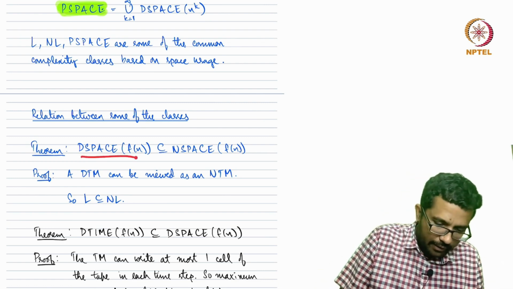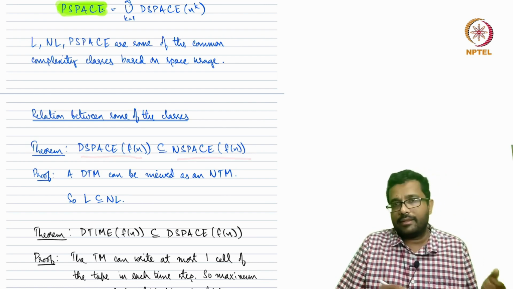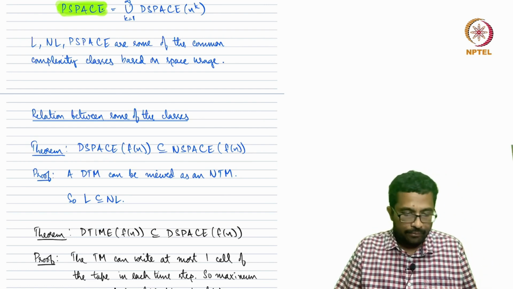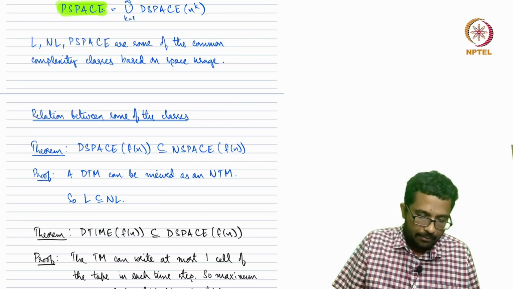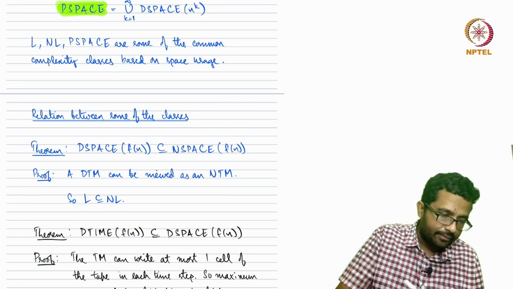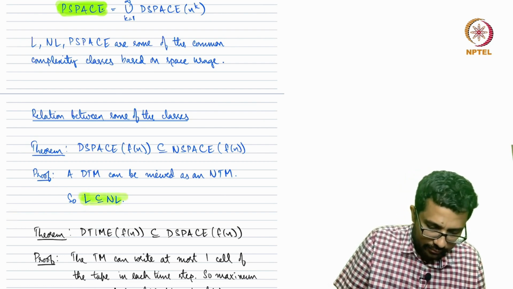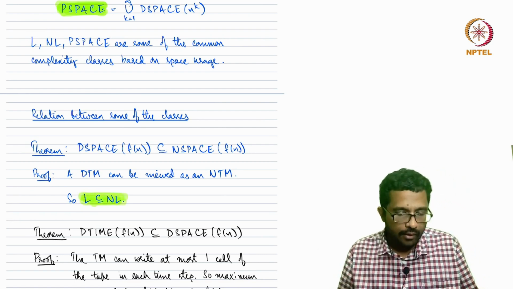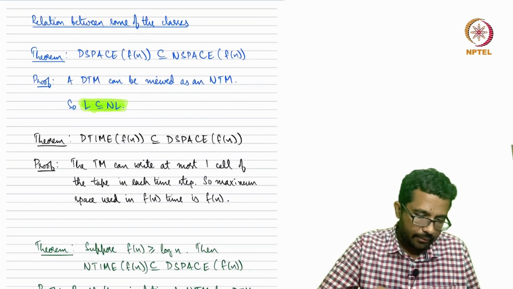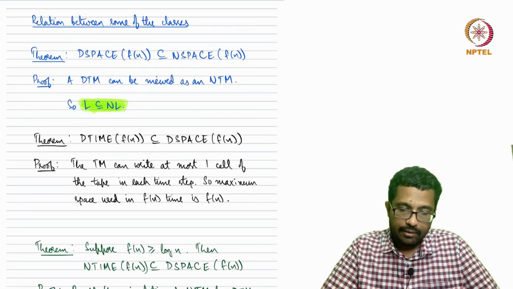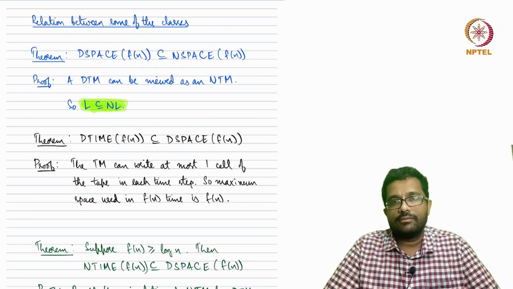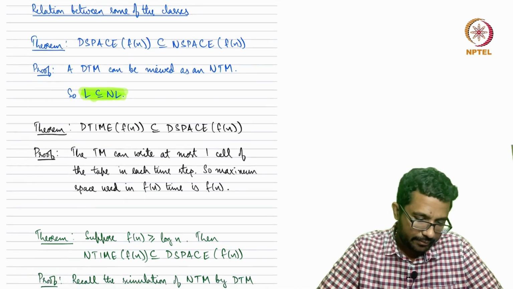So DSPACE(f(n)) is contained in NSPACE(f(n)). It's straightforward. And this implies that if you set f(n) equal to log n, then L is contained in NL. But one may ask at this point, is it a proper containment? The answer is we don't know.